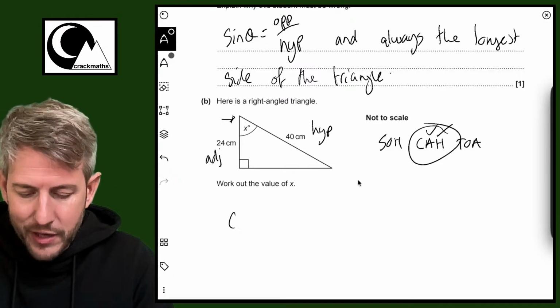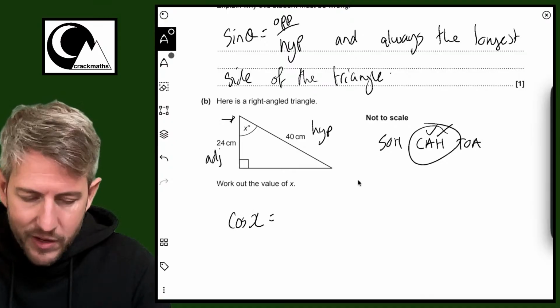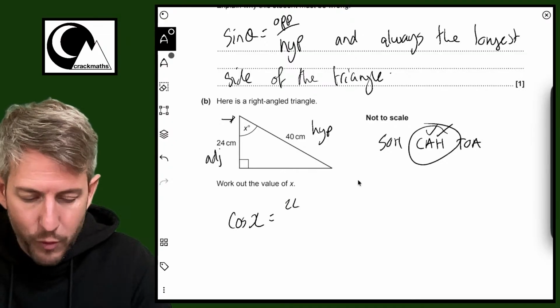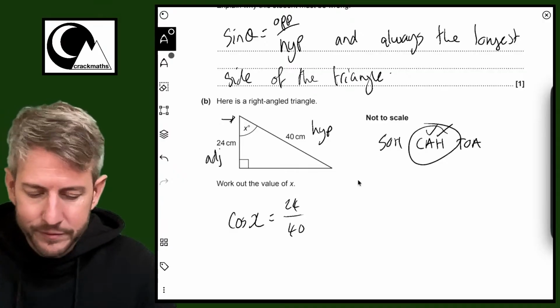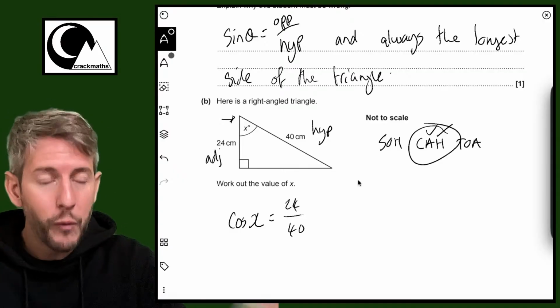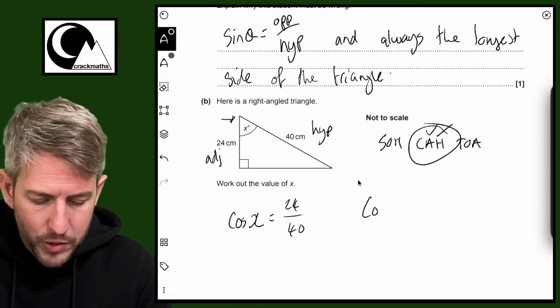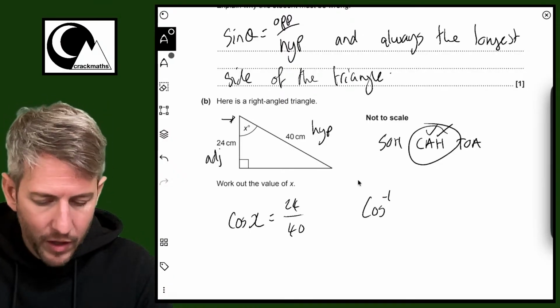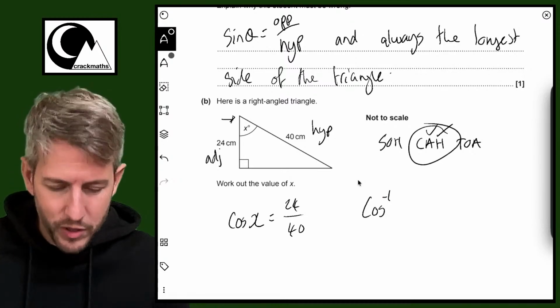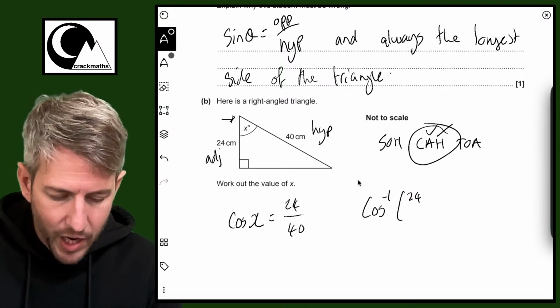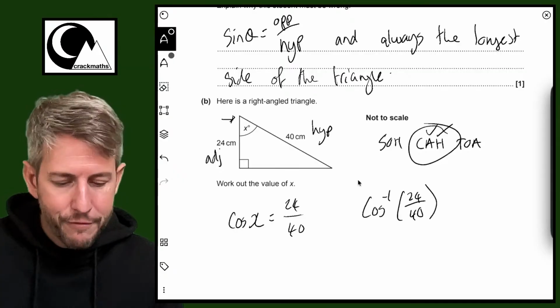So that tells us that cos x equals the adjacent, which is 24 over 40. And then in order to find out what x is, we've got to get cos to the minus 1 of both sides. So we do cos to the minus 1 of 24 over 40 and find out what this is.